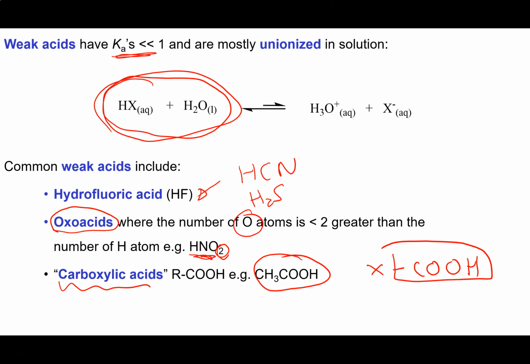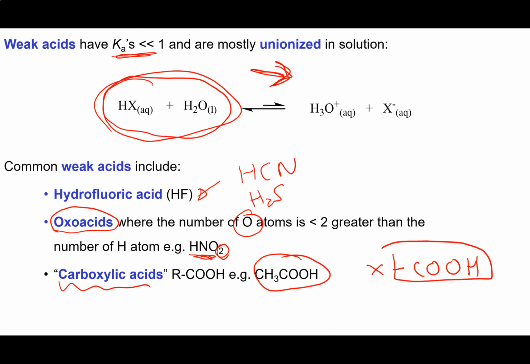So if you're given the formula of an acid, you should be able to categorize it as being either weak or strong. Your strong acids are HCl, HBr, and HI, and then those oxo acids where you have 2 or more oxygens than hydrogens. When we write the expression for their ionization reaction, we're just going to use a forward-directed arrow, not the equilibrium arrow.